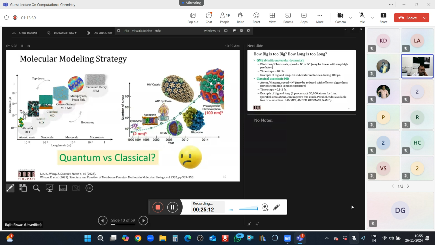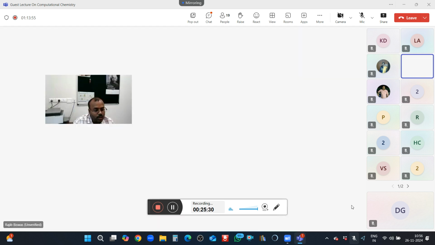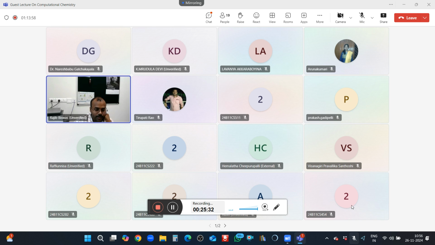Coarse grain you can go even bigger, and if you want to do some continuum study, for example, if you are from mechanical engineering and want to study fluid flow, or if you are from civil engineering and want to study how a concrete crack is happening, then you can even go to this continuum description as well.